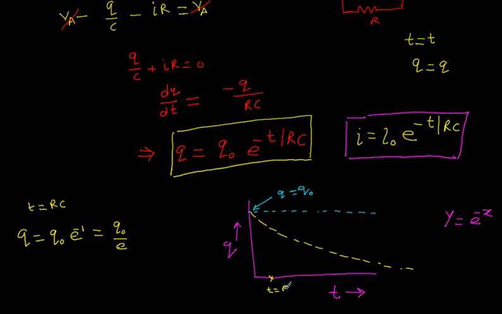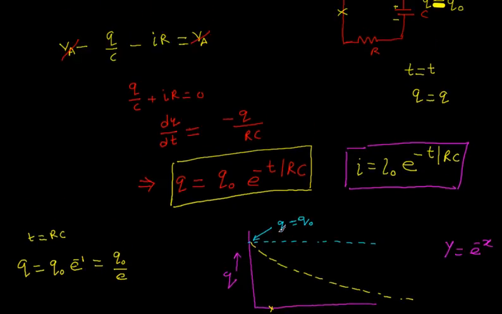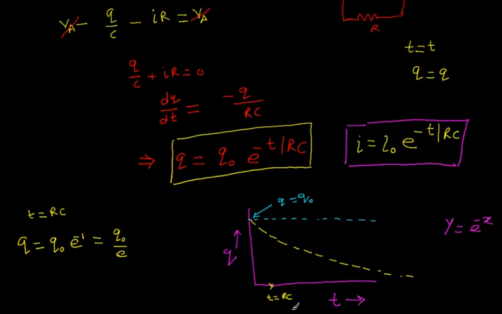You will have R and C in the circuit. If you multiply R with C, you will get some time. At that time, when t is equal to RC, q will be equal to q naught by e.